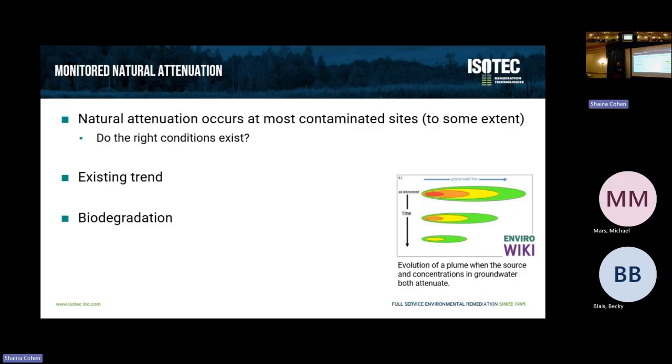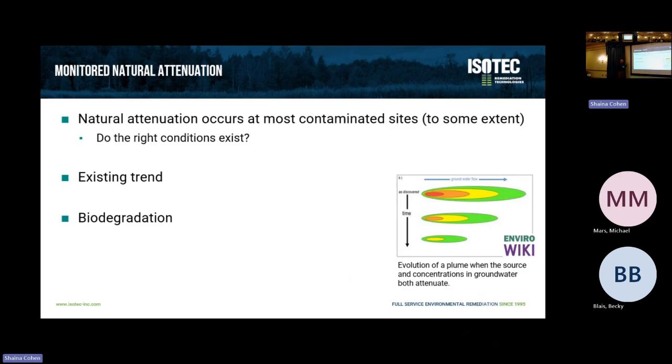Or maybe it's on the order of 5 to 15 years, and so sometimes it's better to just let the existing natural reactions run their course, because they are reducing the contaminant mass and therefore the risk as well. And if we can see existing trends, that's a better fit for monitored natural attenuation sites.